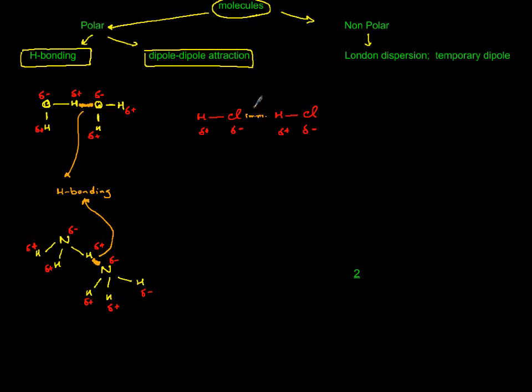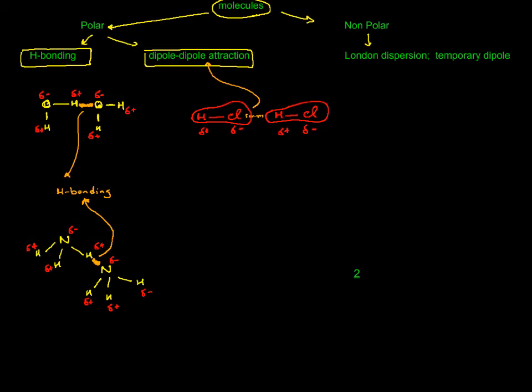This is known as dipole-dipole attraction. So these two molecules are not going to hold on to each other as strongly as two molecules that we had before as hydrogen bonding. So these two molecules are going to have a weaker intermolecular attraction.